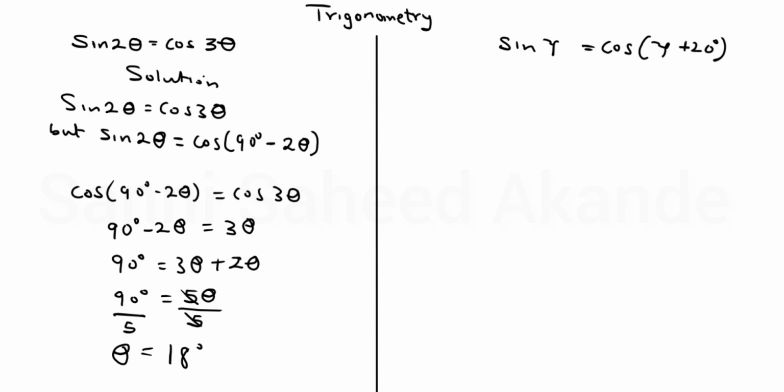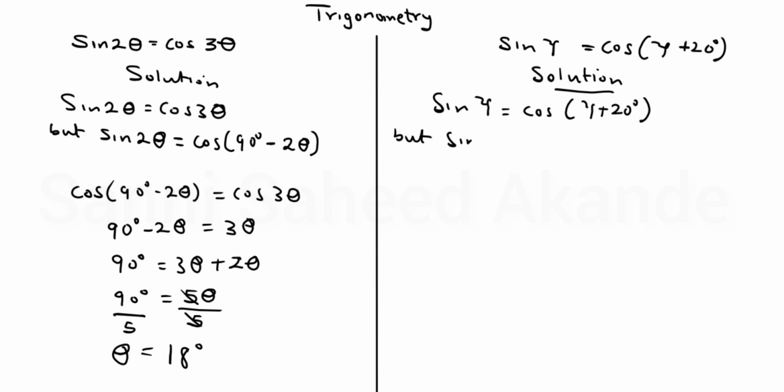Okay, so let's continue and solve this. Solution. Sine gamma is equal to cos open bracket gamma plus 20 degrees. But you should remember that sine gamma is given as cos open bracket 90 degrees minus gamma.